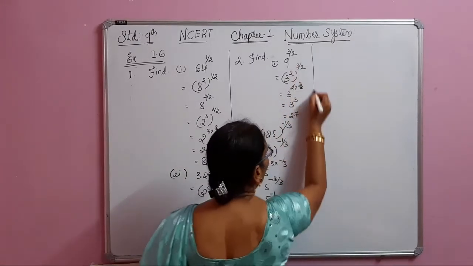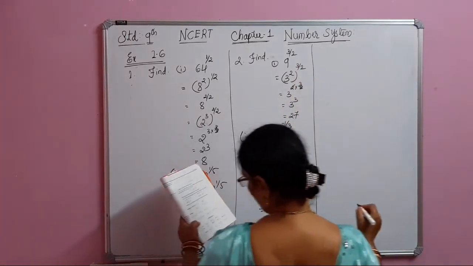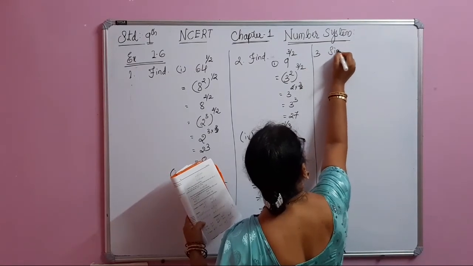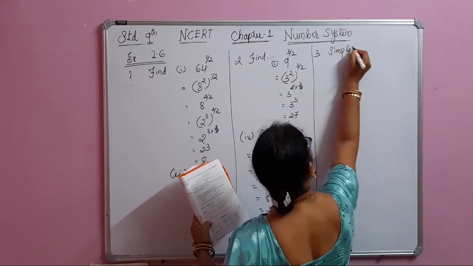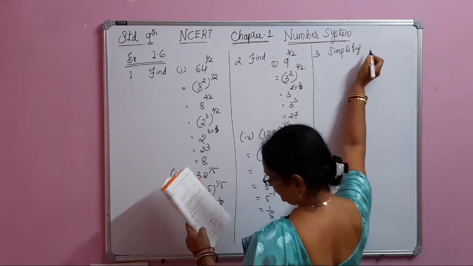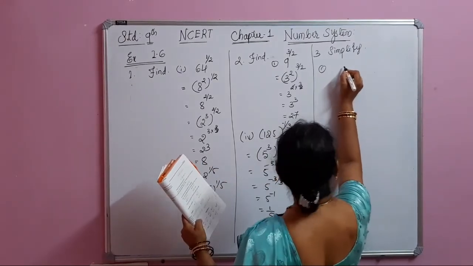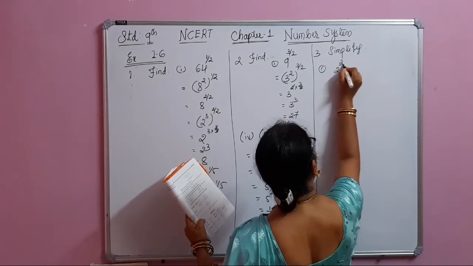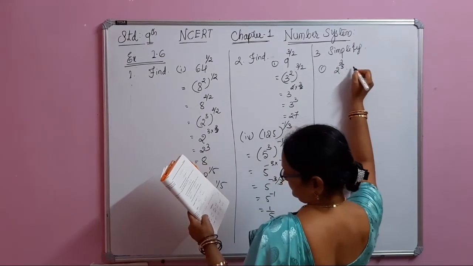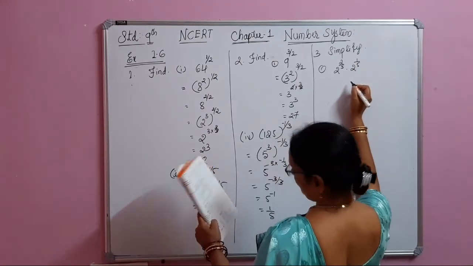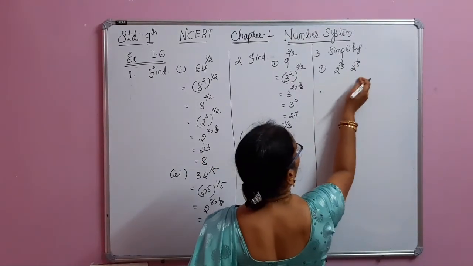Then in the third main also I will do 1 or 2 problems. Simplify. First one is 2 to the power 2 by 3 into 2 to the power 1 by 5. See, bases are the same.